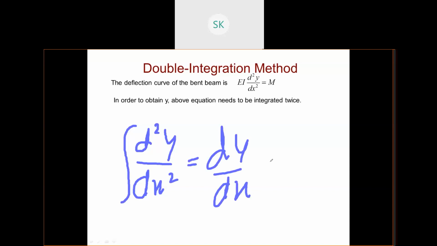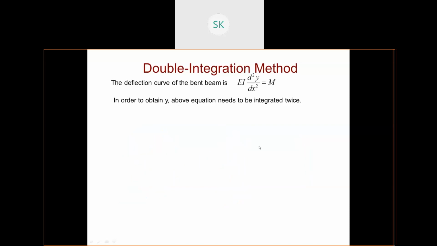When you integrate again, it becomes y. So y is our deflection. You need to integrate twice to get the deflection, in order to obtain y. So the above equation needs to be integrated twice to get the deflection.